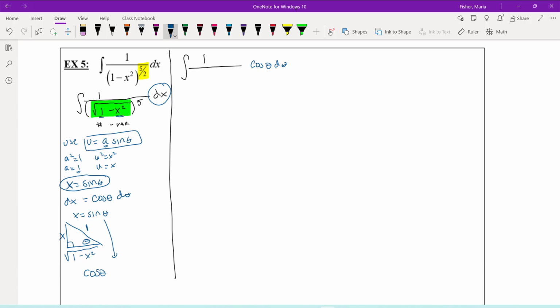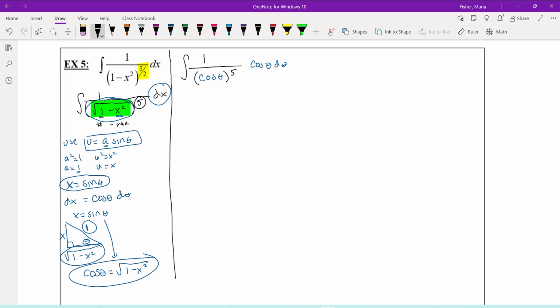Looking at the triangle, what is the cosine of theta? Well, the cosine of theta is adjacent, which is the square root of 1 minus x squared, over hypotenuse, but my hypotenuse is 1, so I don't need to write it over 1. But now I know what this square root of 1 minus x squared is. It's equal to the cosine of theta. So I rewrite this as the cosine of theta, and that still gets raised to the 5th power.